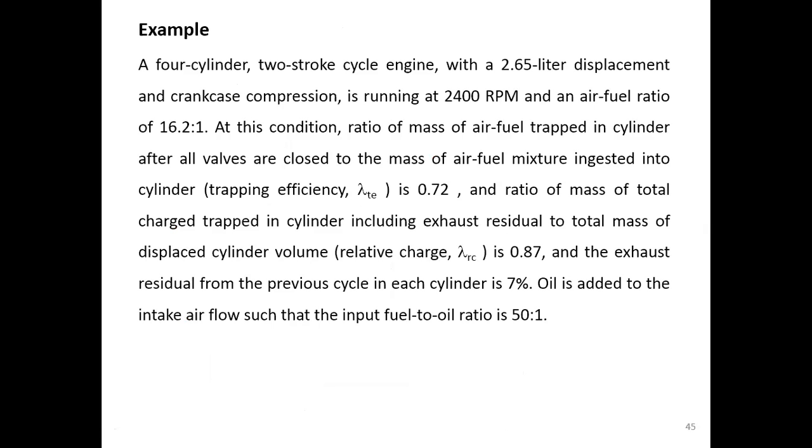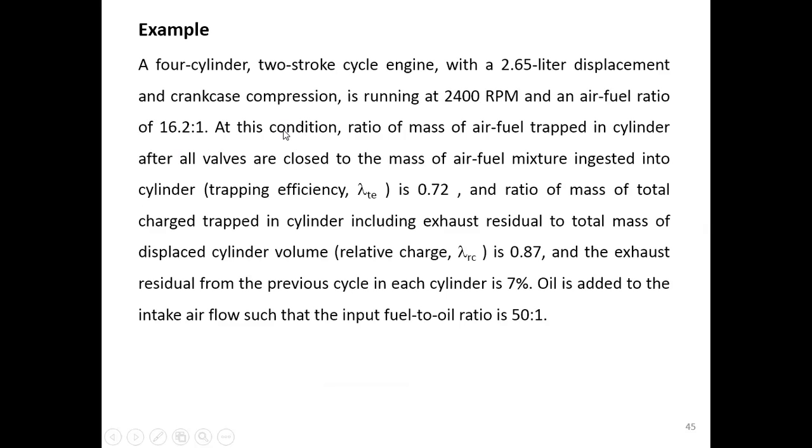Okay, let's look at the example calculations for the lubrication system. We have a 4-cylinder 2-stroke cycle engine with a 2.65 liter displacement and crankcase compression, running at 2400 RPM with an air fuel ratio equal to 16.2 to 1.